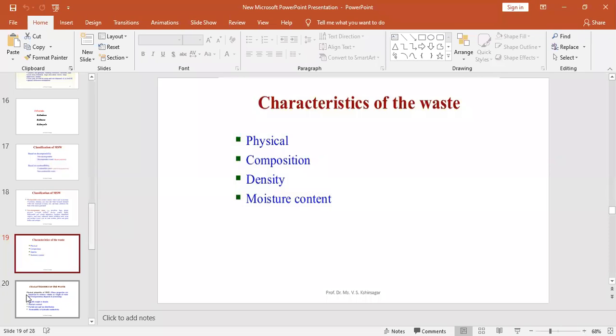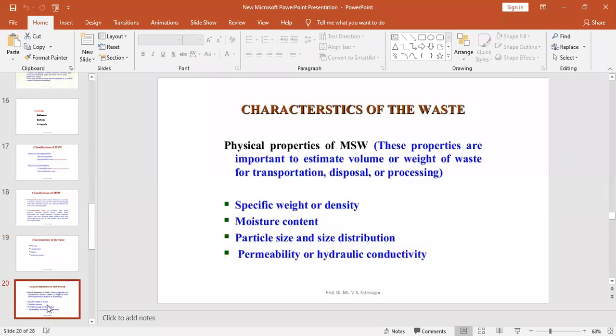Okay, done. So the characteristics of waste are the physical characteristics, composition, density, and moisture content. So we'll see first the physical properties of municipal solid waste.